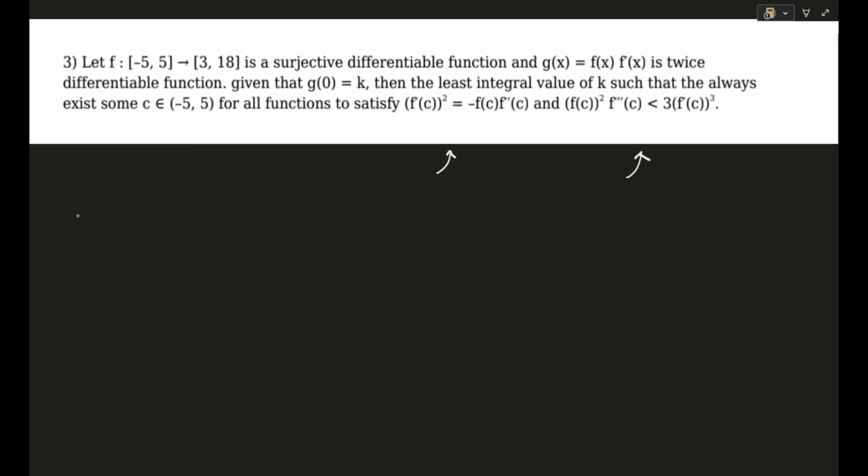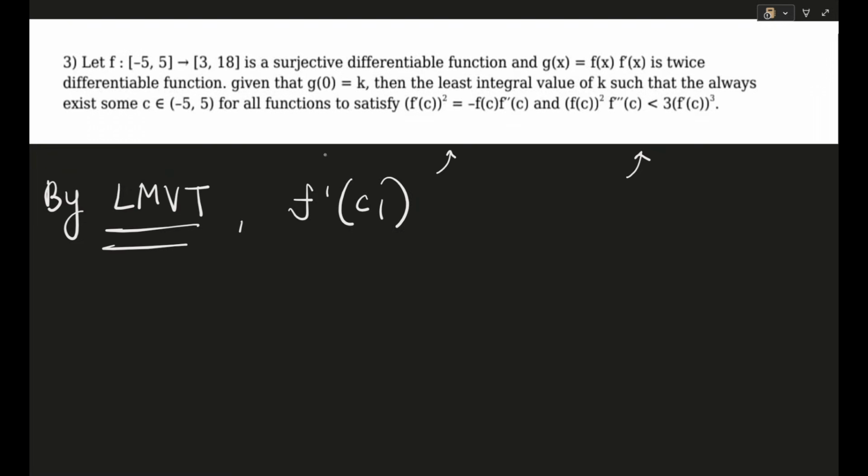I am proceeding with the solving. I hope you guys will pay attention. So first thing is, we will apply LMVT, and I am taking some C1, a number in between, okay, so guys, I am dividing this interval as minus 5, 5 and the midpoint 0.